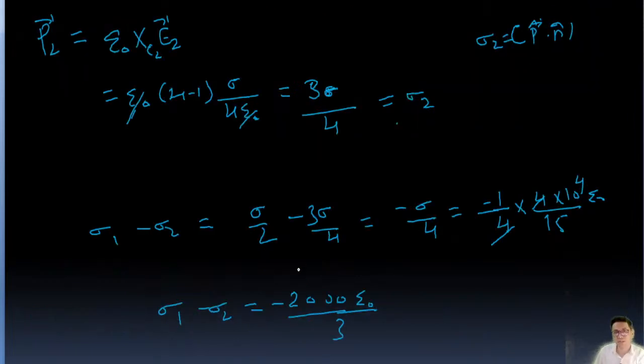Minus is just showing the direction. The magnitude is going to be 2000 upon 3 epsilon 0. It's not about direction, it's just a surface charge density. So this is the correct one.